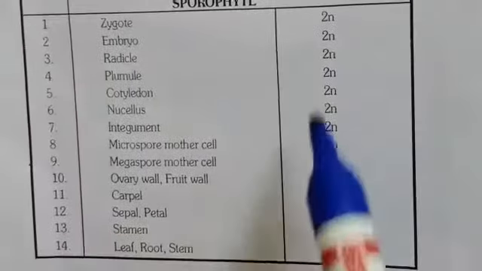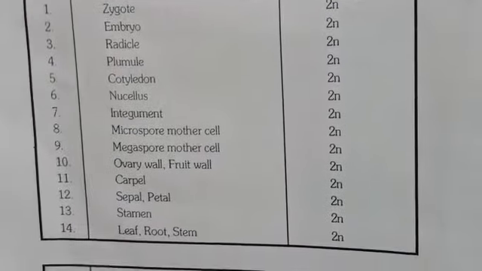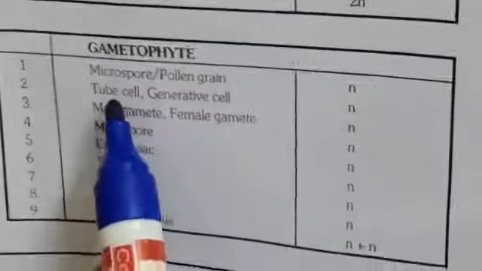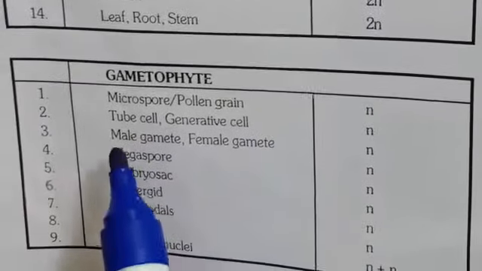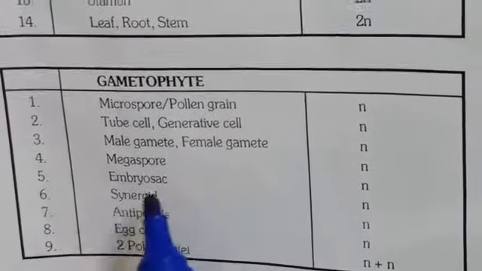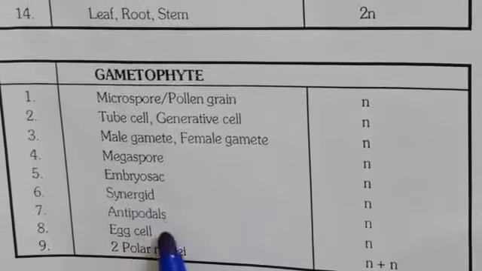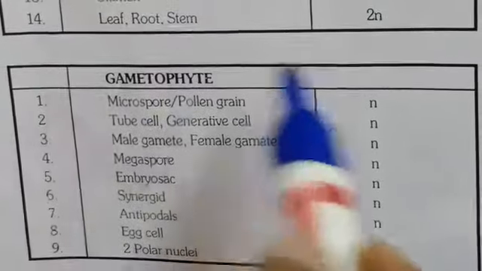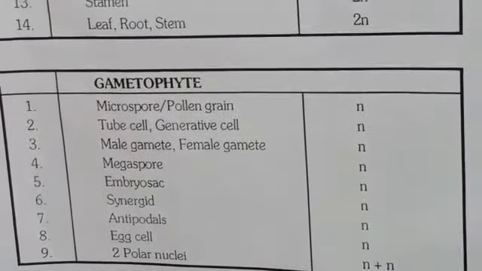All these are in which condition? Diploid condition. Then the gametophyte: microspore or pollen grain, tube cell, generative cell, male gamete, female gamete, megaspore, embryo sac, synergids, antipodals, egg cell, and two polar nuclei. All these are in haploid condition.